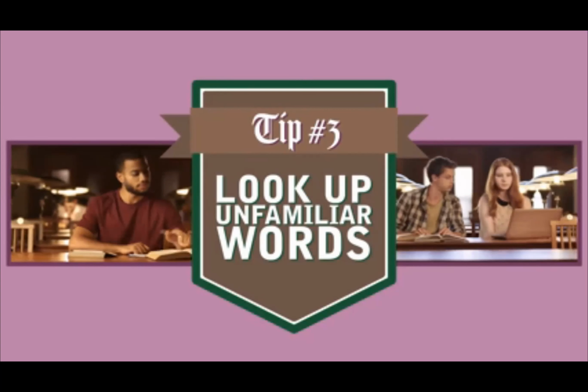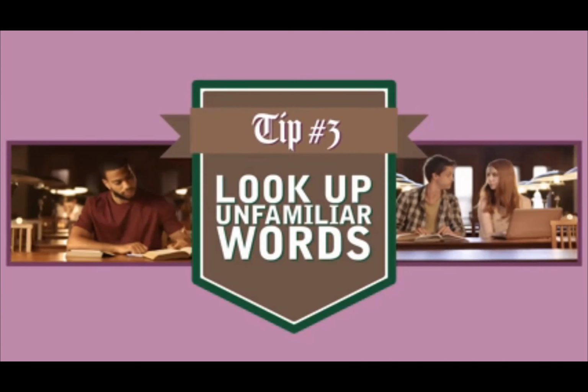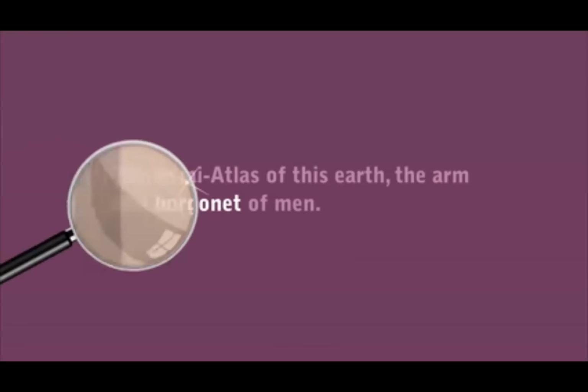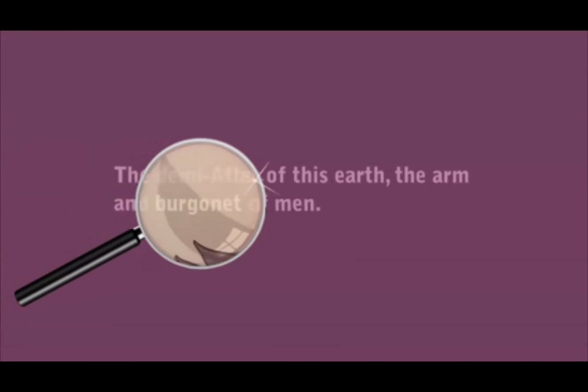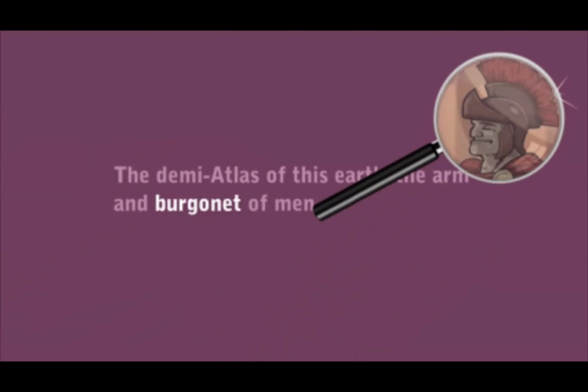It is easy to look up words you don't know, and it's always beneficial to add them to your own vocabulary. As an example, imagine you don't know the meaning of the word burgonet in the line, "The demi-Atlas of this earth, the arm and burgonet of men." You can simply look the word up and find out that it's a type of helmet that has a visor. As such, the line means that Antony protects and defends a large portion of the people.